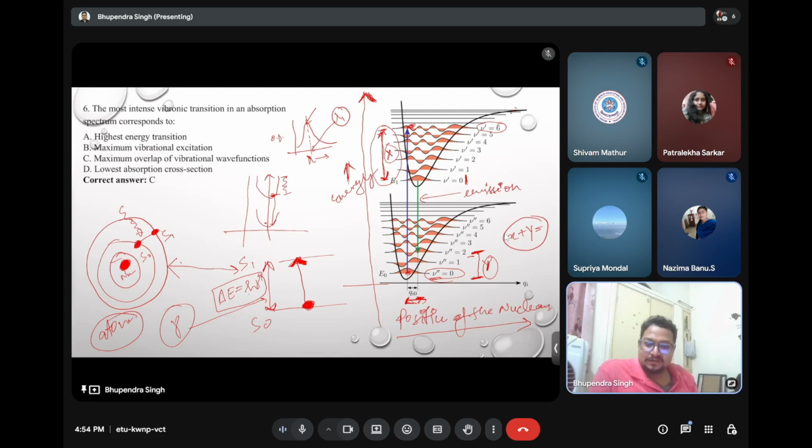This is the basic principle that the electron transition is much faster than the nuclear motion, so the nuclear position cannot shift, cannot move. Tell me why this is there. Did you get my question? First of all, tell me.